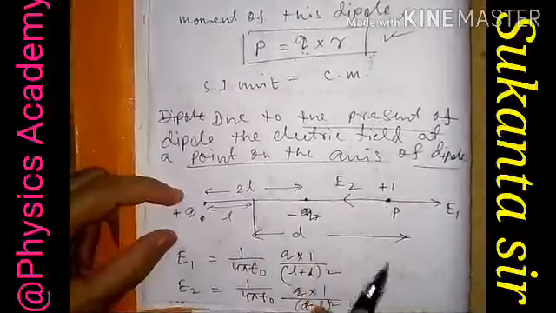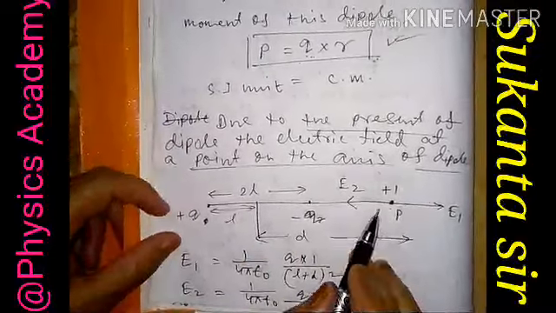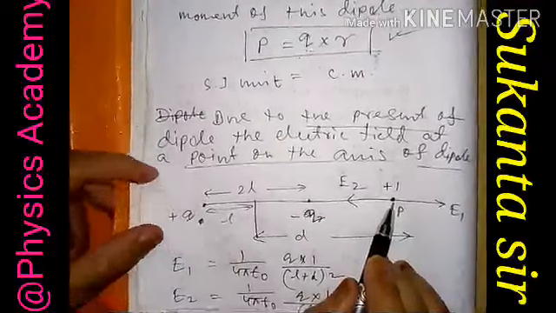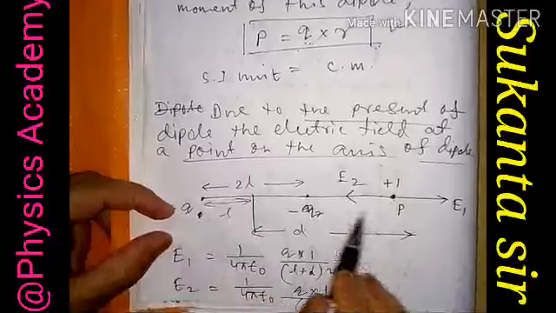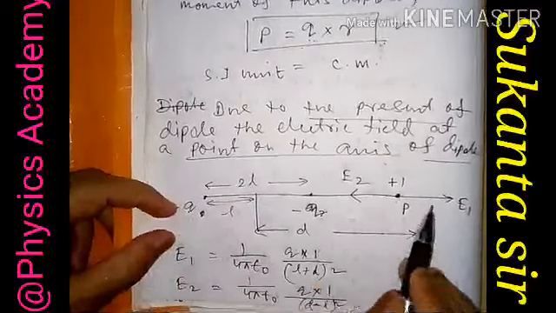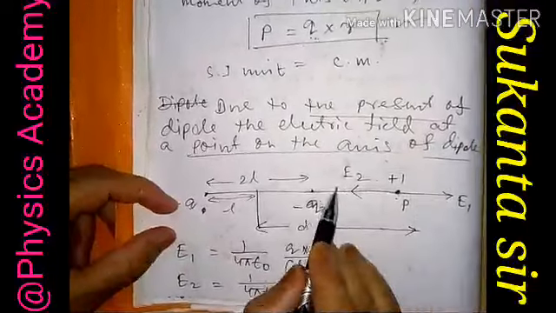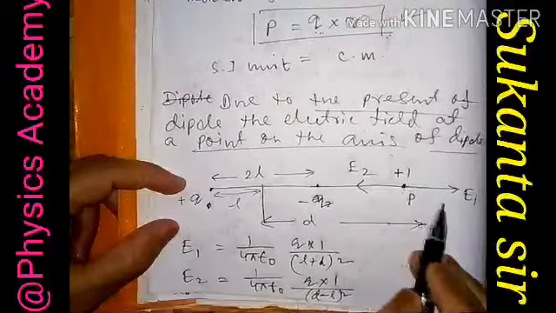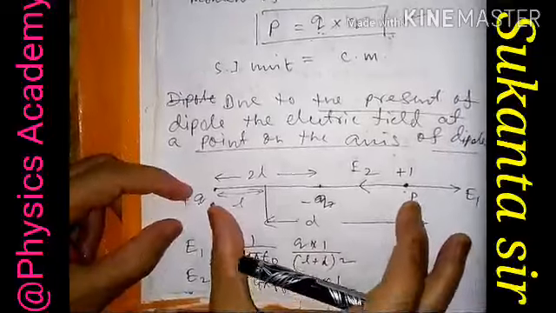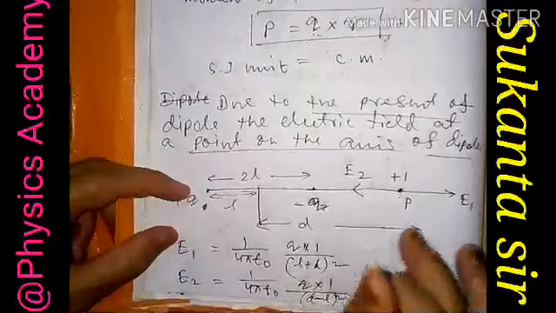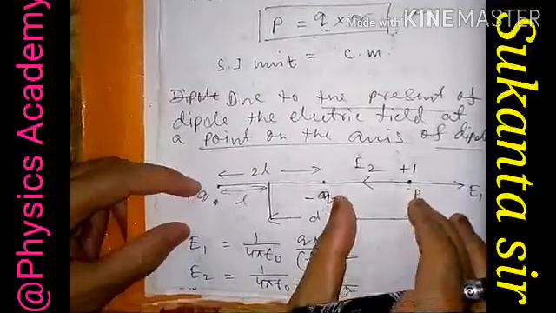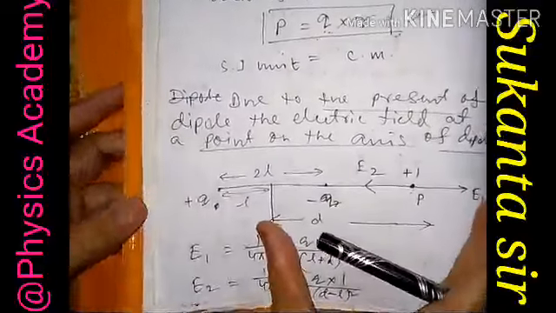From here we can say that the resultant intensity at this point P will be either E1 minus E2 or E2 minus E1. At first we have to find out which one will be greater. This distance is large with respect to this distance, so obviously E2 will be larger than E1.